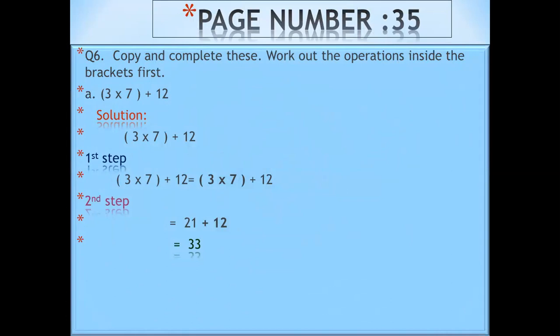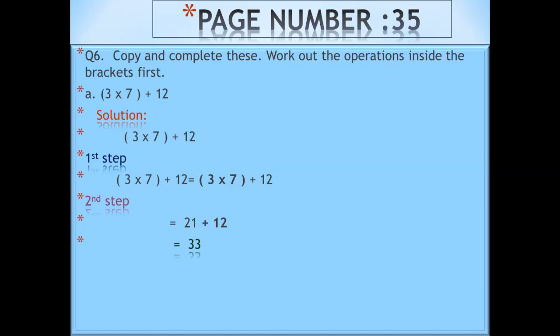It means that first we simplify the bracket, then we simplify it with the other number. 3 multiplied by 7 is 21. And then plus 12.